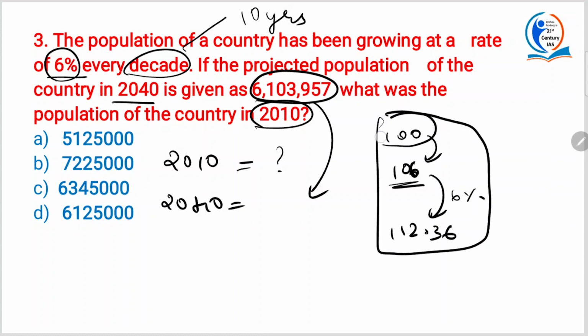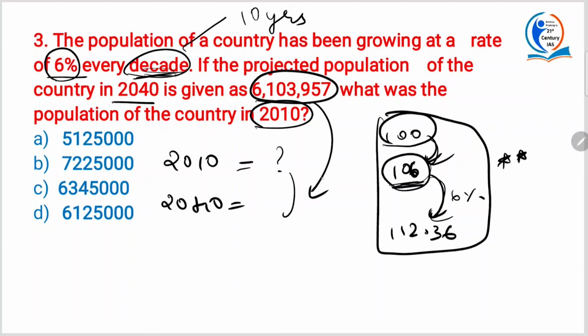If your sum is 100 and it is compounded every 10 years, then the amount would be 106, and then again compounded, it will be 6% of this one, and then it would be added to the principal. So this is similar to the compound interest concept.